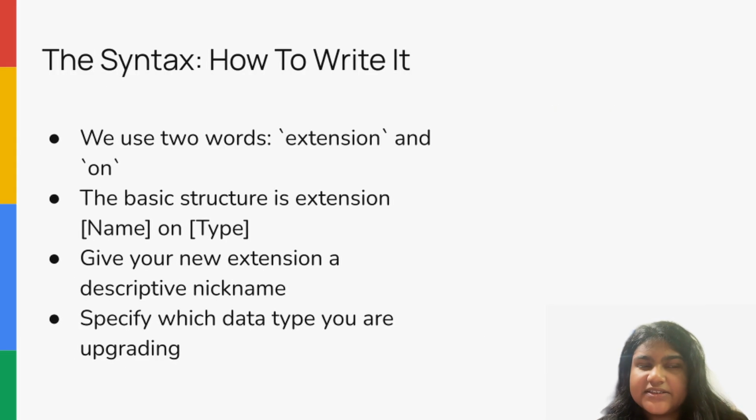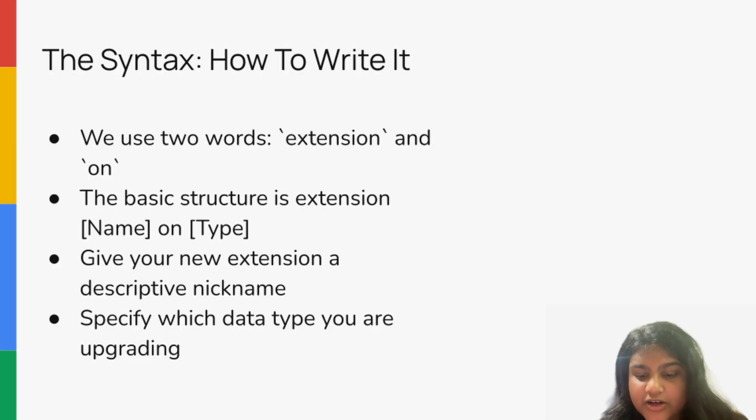So the question arises, how do we implement this? Now, it is deceptively simple, but there is a lot happening under the hood. You need to know two keywords, extension and on, and the formula is extension name on type. The name gives your extension a name, like StringExtensions.